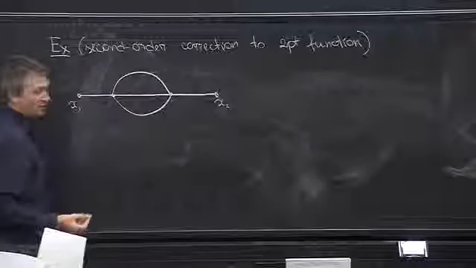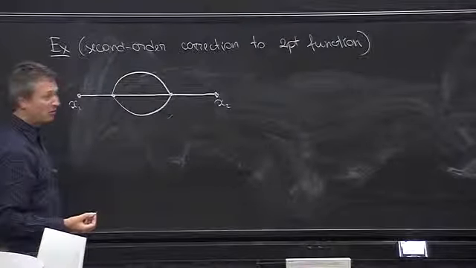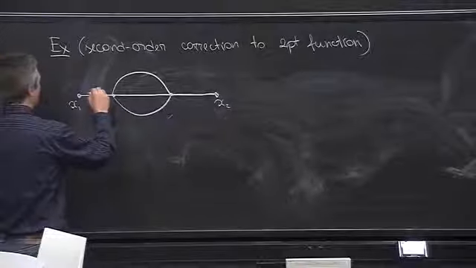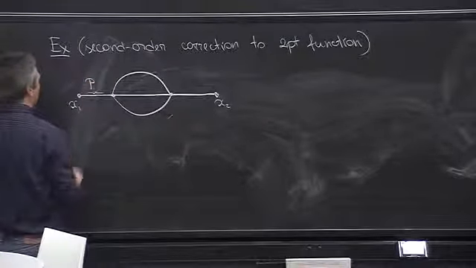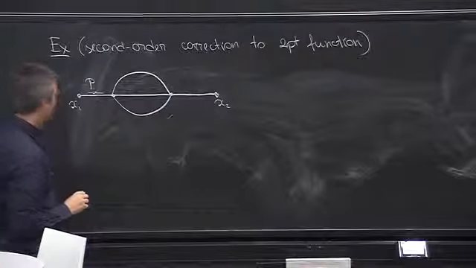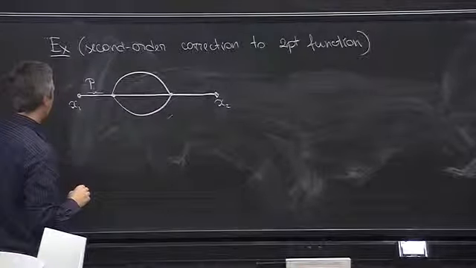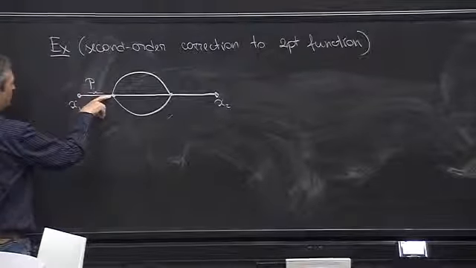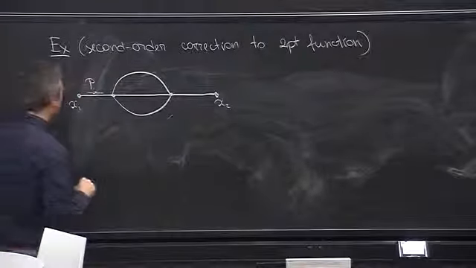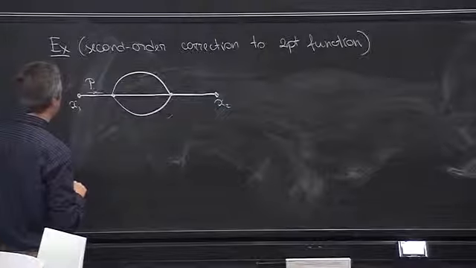So then we start assigning momenta to all the lines in the diagram. So here we have, say, momentum P. And then this momentum branches into three momenta there.